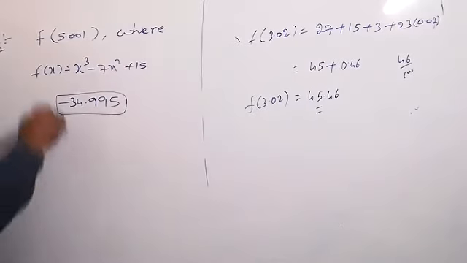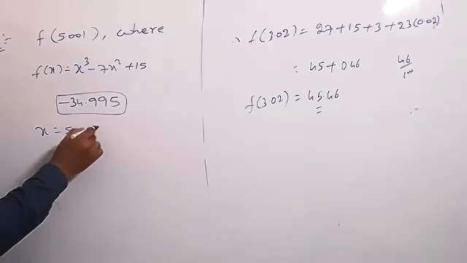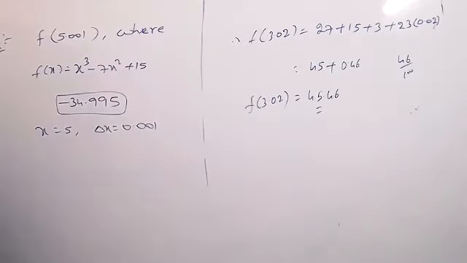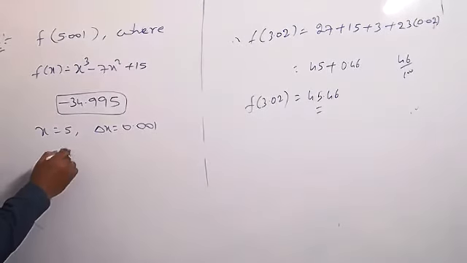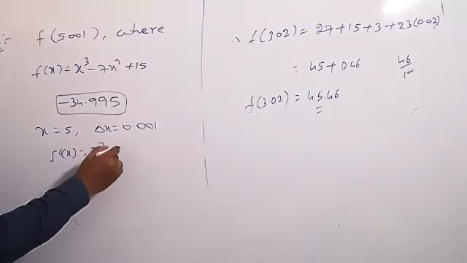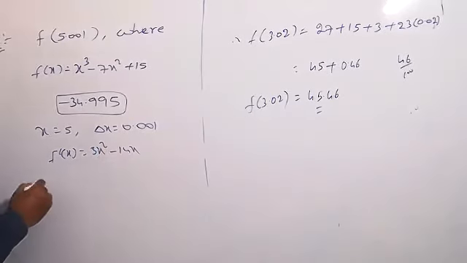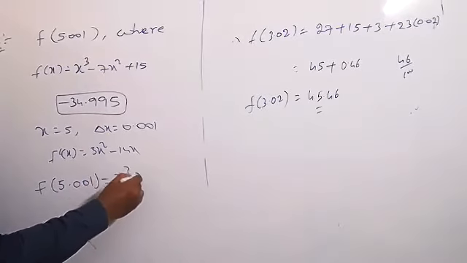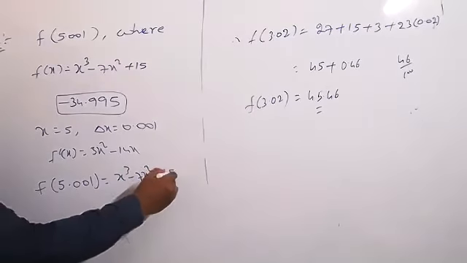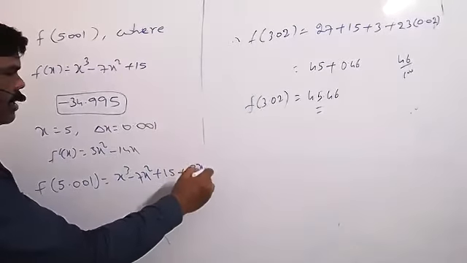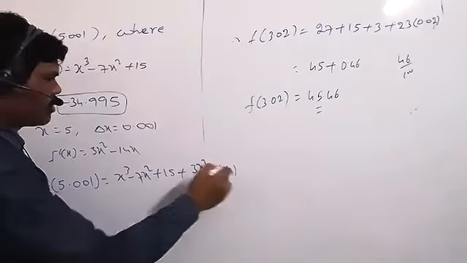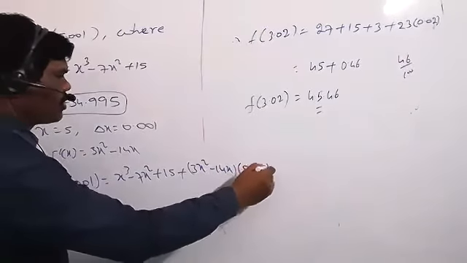Here also you can take x equal to 5 and delta x equal to 0.001, and follow the same procedure. f dash of x equal to 3x square minus 14x. So f of 5.001 is equal to x cube minus 7x square plus 15 plus (3x square minus 14x) into 0.001.